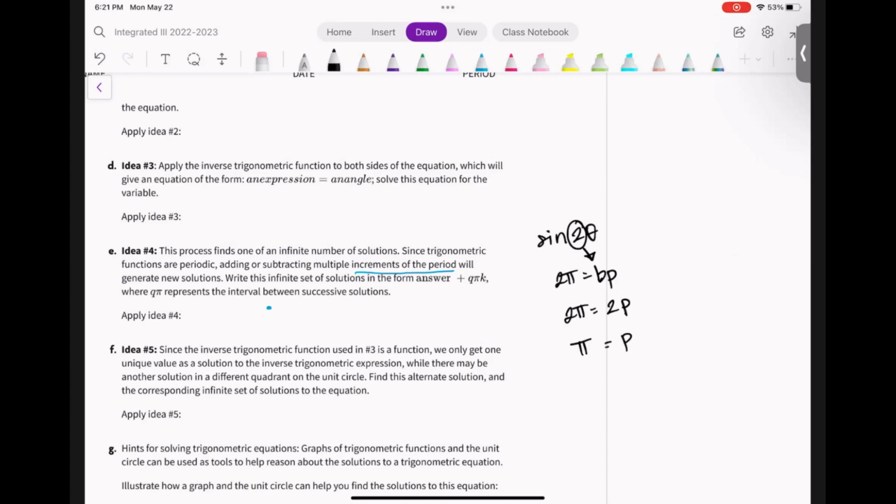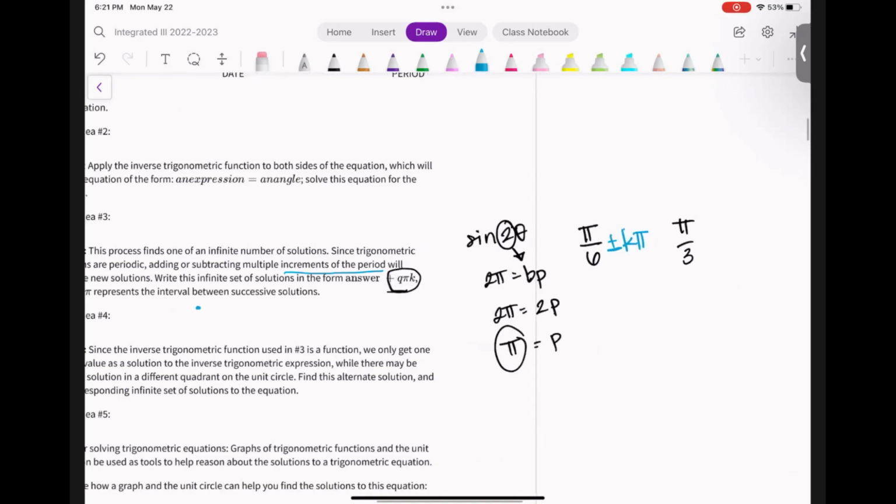So then it says, add this on to your answers. My answers were pi over 6 and pi over 3. And then they said, add this to it, which is basically the pi. So I'm going to add plus or minus k pi, right? K is any number I want it to be.